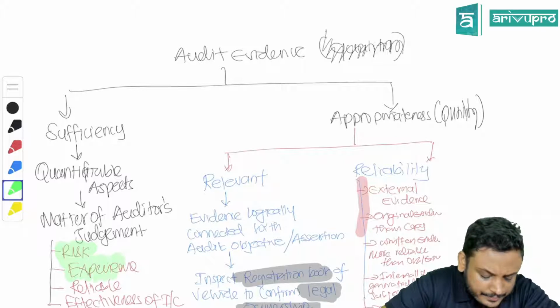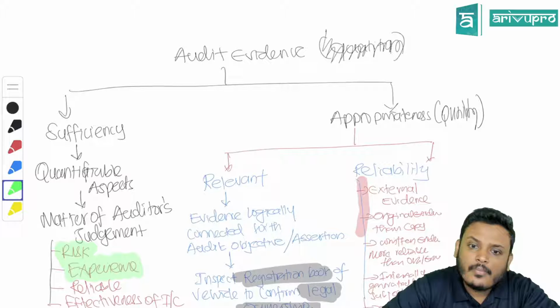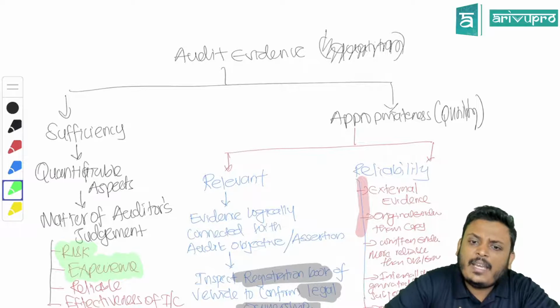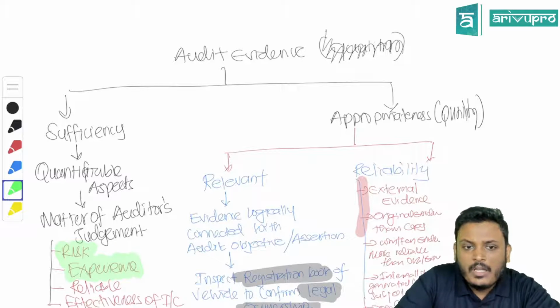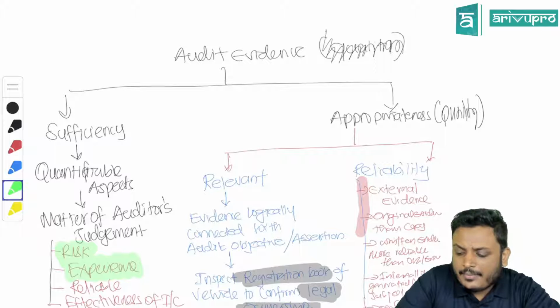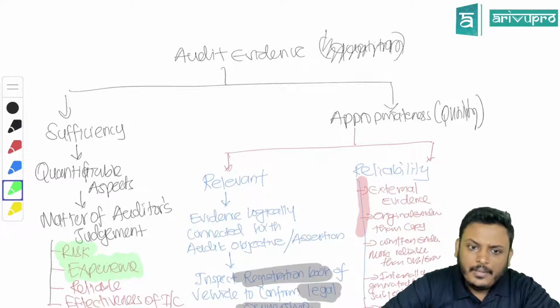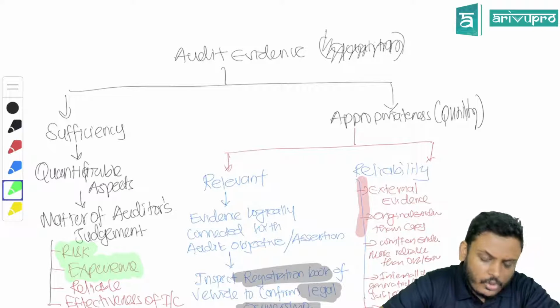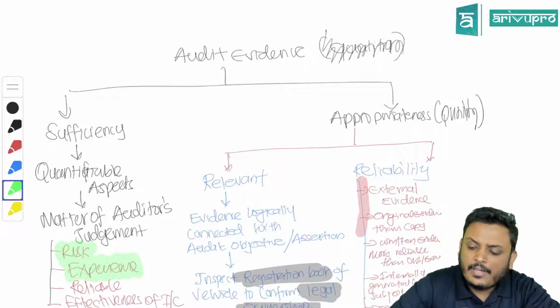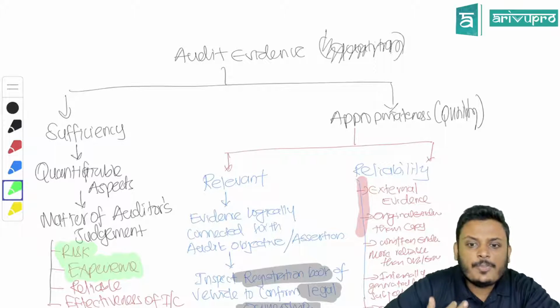Experience. Let's take that the experience is very high. We need to collect less evidence, right? So, more experience, less evidence. Less experience, more evidence.